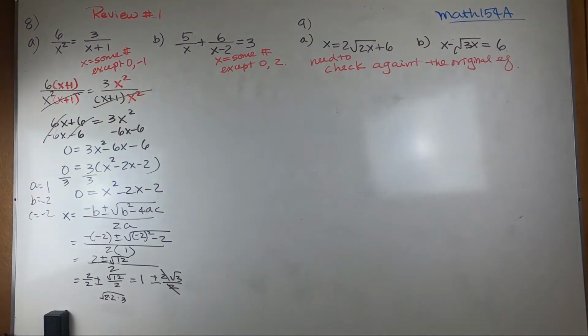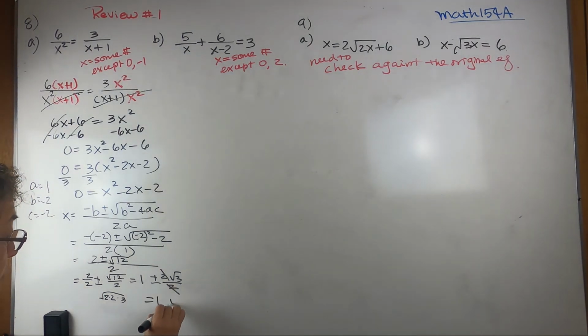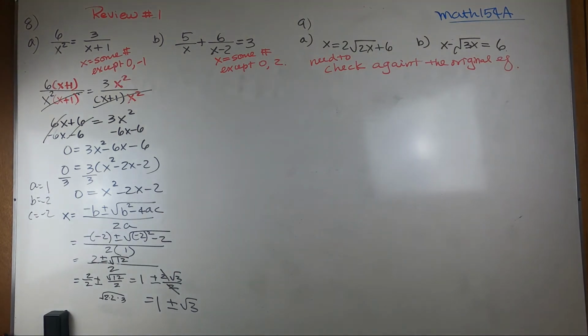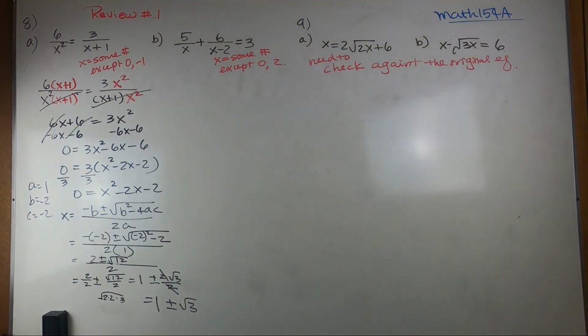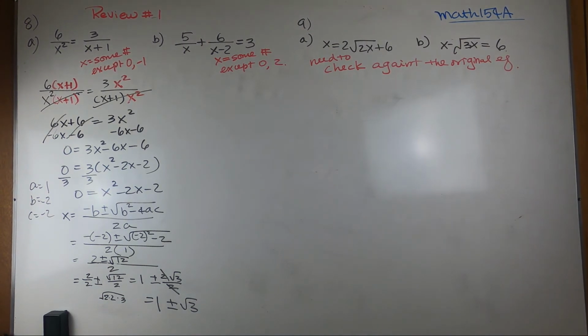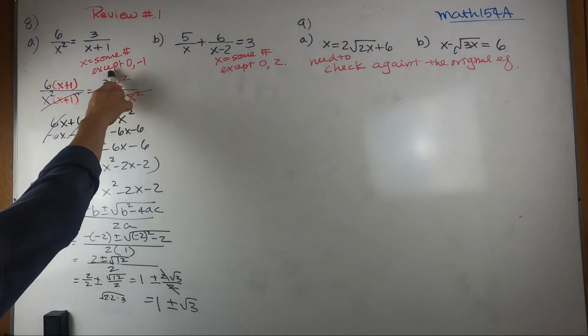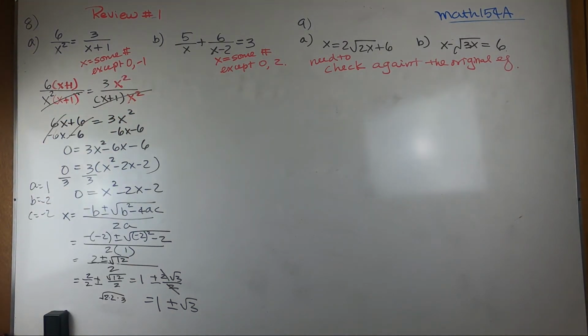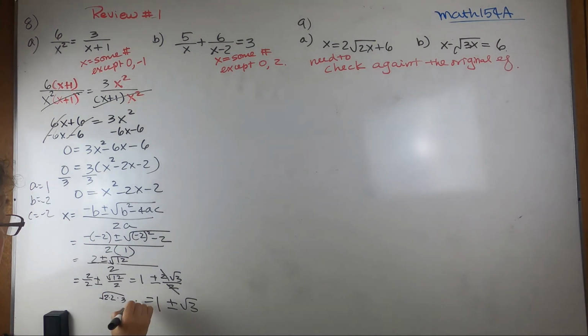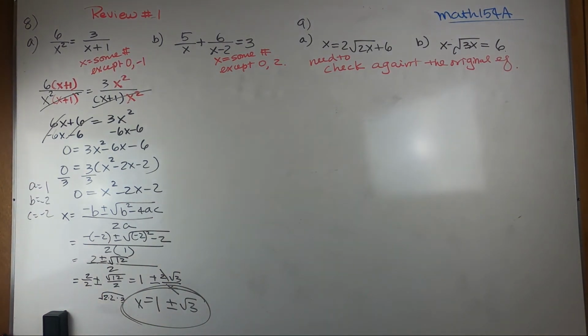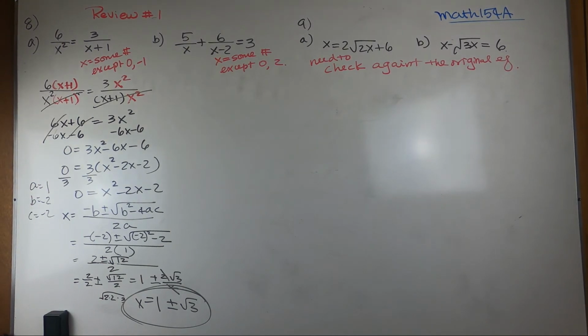This cancels. So the answer is 1 plus minus square root of 3. It means 1 plus square root of 3, 1 minus square root of 3. Can I circle the answer? You check against the condition: not 0, not negative 1. So your x is this.